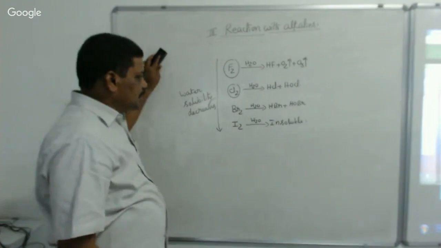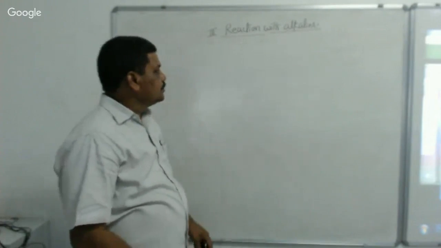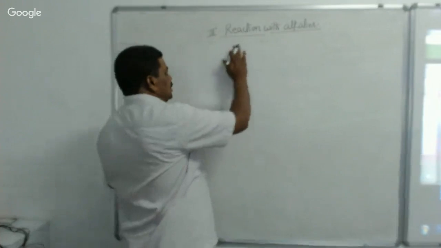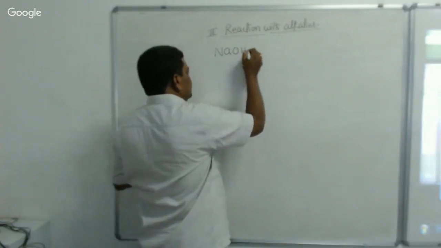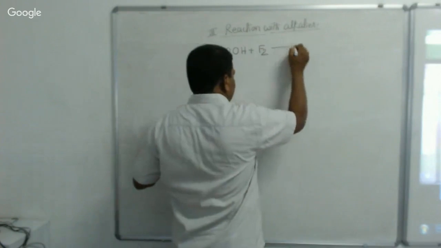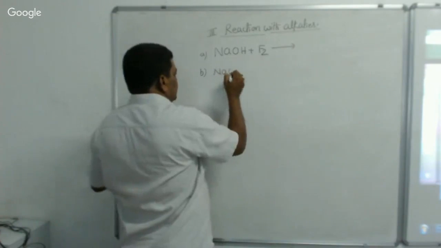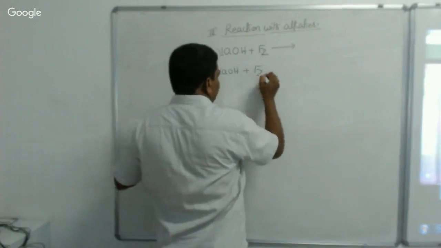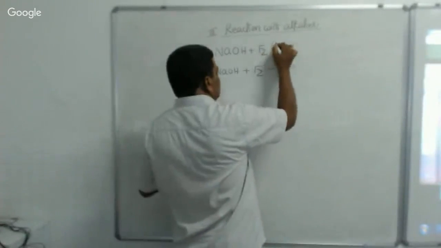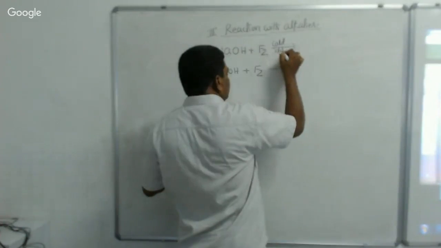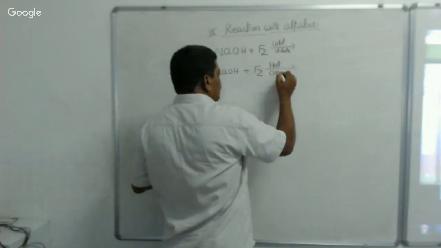If you take this as an example, sodium hydroxide plus fluorine, there is one more condition. The first condition is cold dilute. The second condition is hot concentrated.